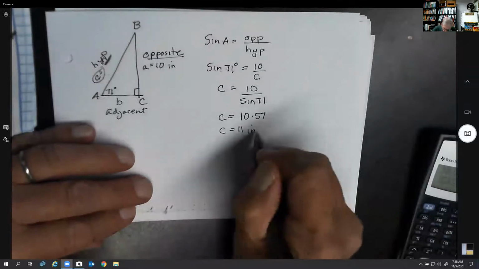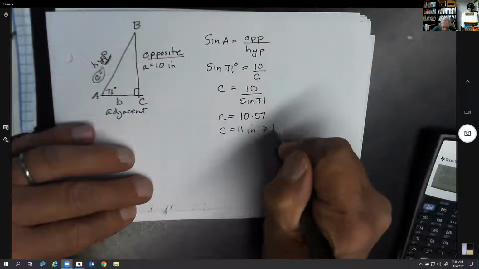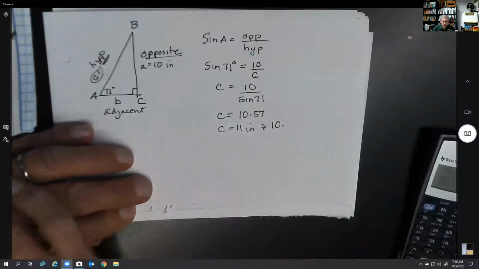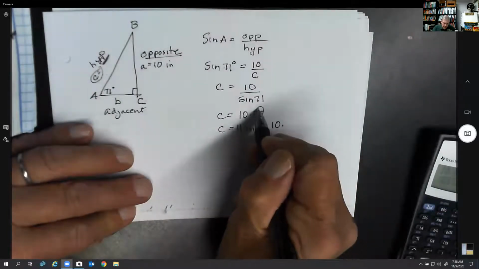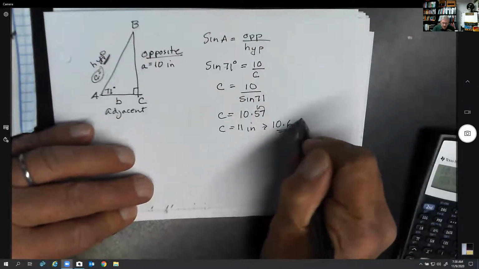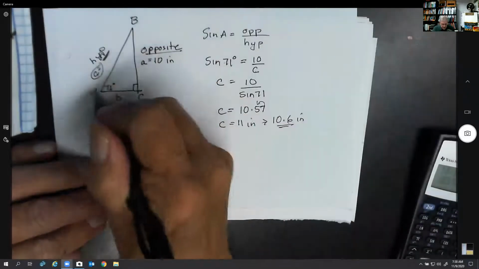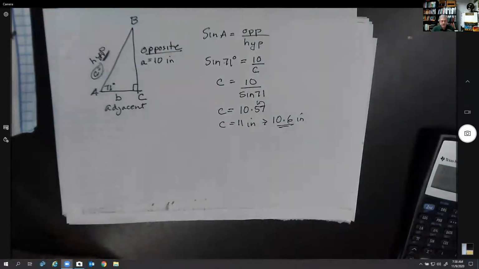So 11 would be okay, but they want a little bit more accuracy, so we call this 10.1. Well, the 7 is saying round the 5 up, 10.6 inches. Just slightly bigger than that side. Well, it's pretty steep. So we can find missing sides just like that. Okay. Let's see if we can do another one.